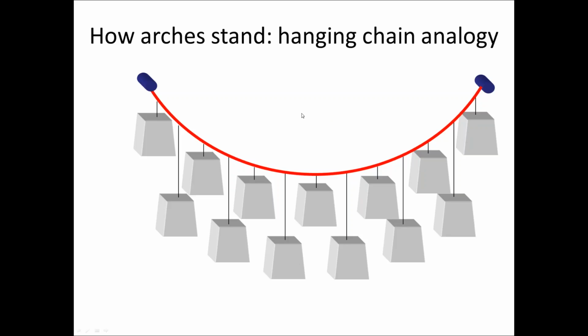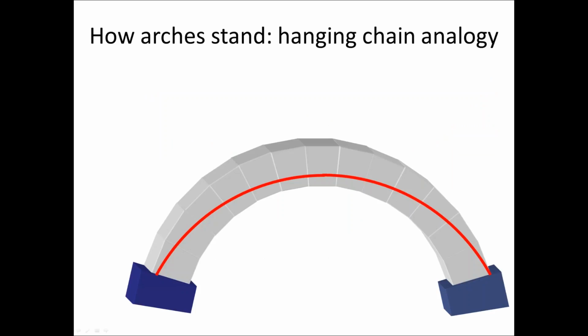He showed that if you get all the voussoirs, or the stone blocks that you're going to use to construct a masonry arch with, and you suspend them from a weightless cable or chain, you look at the profile of that chain and you effectively invert it, or take a mirror image of it, and if you can fit that profile entirely within the thickness of the masonry in your arch, then he showed that your arch would stand successfully.